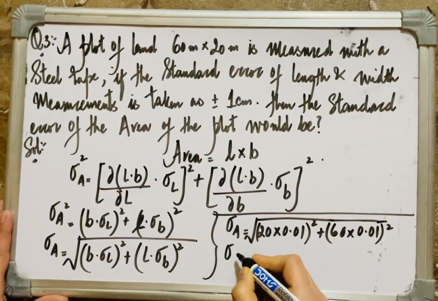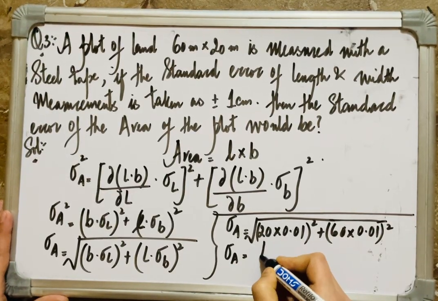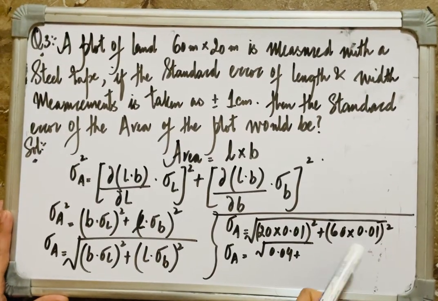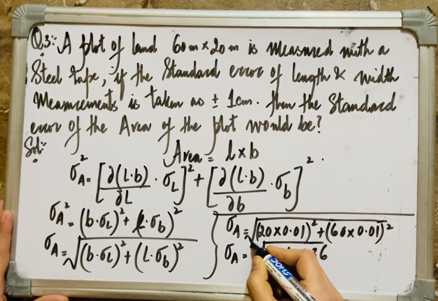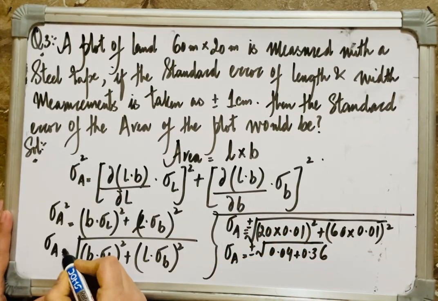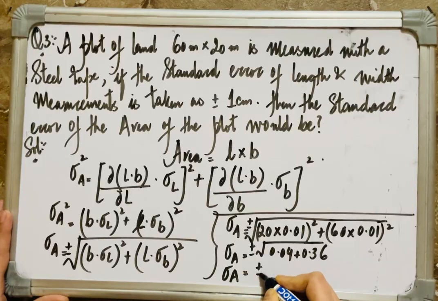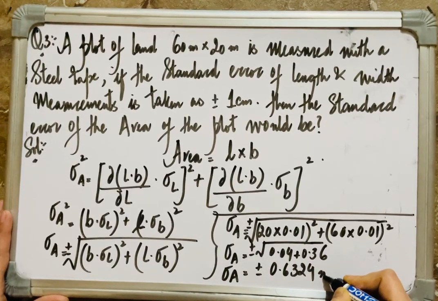All right, by calculations, this is equal to 0.04, and this is equal to 0.36. By further solving this plus minus, please note that. So by calculations, the standard error in area is equal to plus minus 0.6324 meter square.